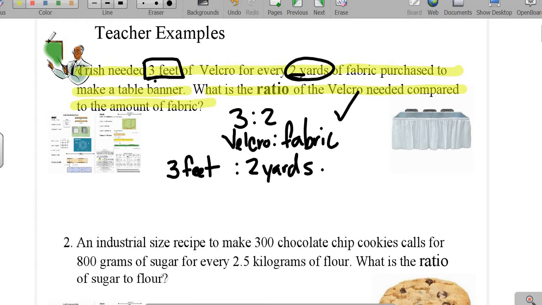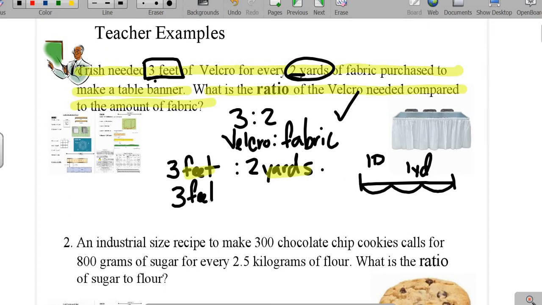They're not in the same unit, so before you can make a final ratio, you have to get in the same unit. You need to know the conversion that in the first dimension, which is length, 1 yard is 3 feet. Therefore, 2 yards, 3 feet, is going to be a total of 6 feet.